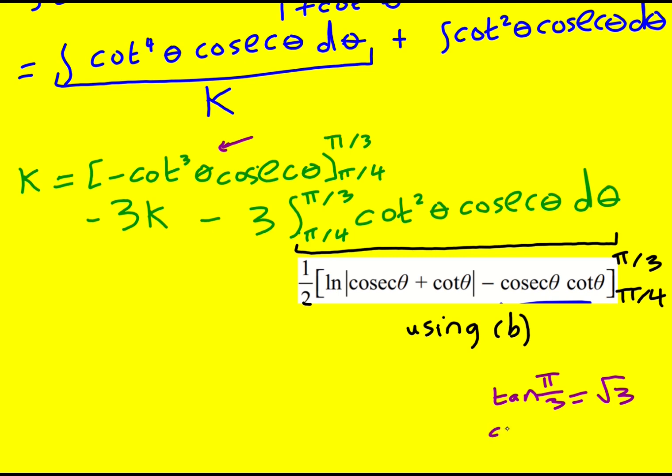Cosec pi over 3 is then, I think I had this earlier on, 1 over sine of pi over 3. So it's 2 over root 3. And then tan pi over 4 is just 1. And I definitely had this one earlier. Cosec pi over 4 is root 2.